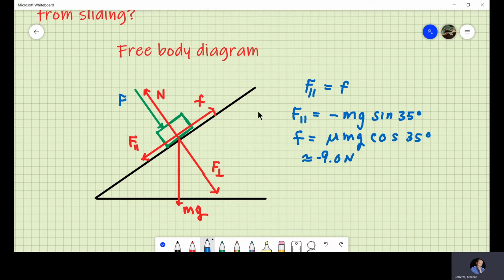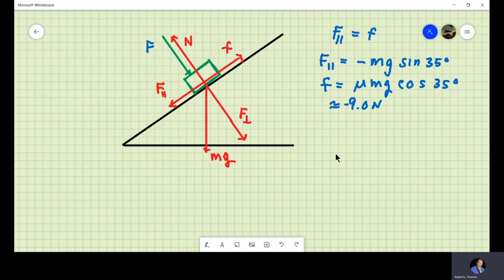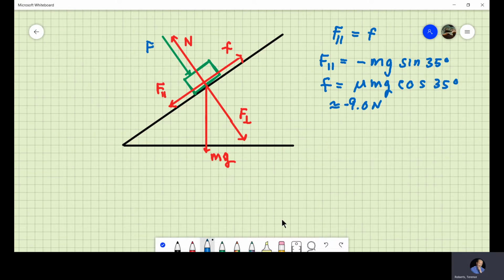But we have a different situation here. We want to apply a force perpendicular to the slope that will stop the crate from sliding down. So let's figure out what that is. First of all, let's take a survey of all the forces we have here.